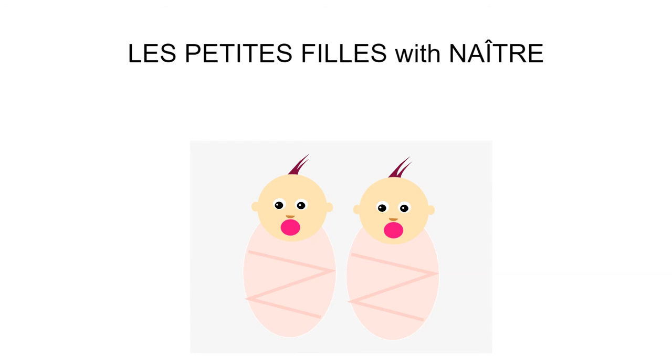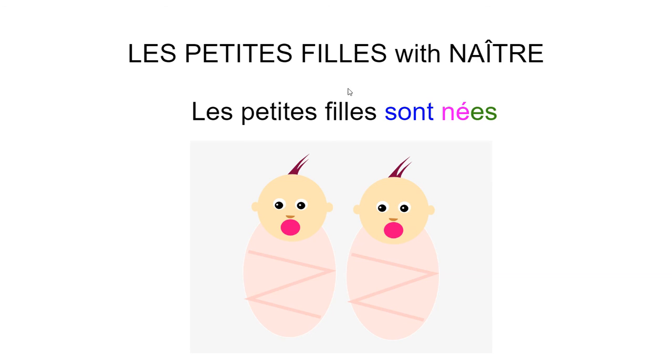And les petites filles with naître. Okay, so naître, another rebel. Again, you have to ask yourself, if I was to replace les petites filles with a subject pronoun, what would it be? Well, hopefully you remember that fille means girls. And it's in the plural form, so therefore it would be like conjugating with elles.